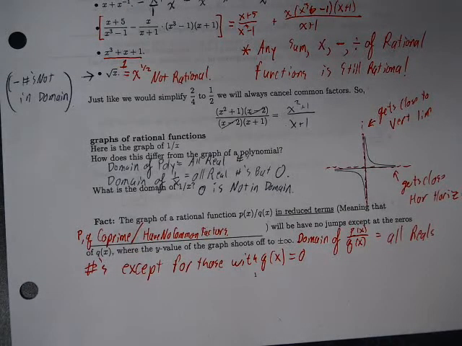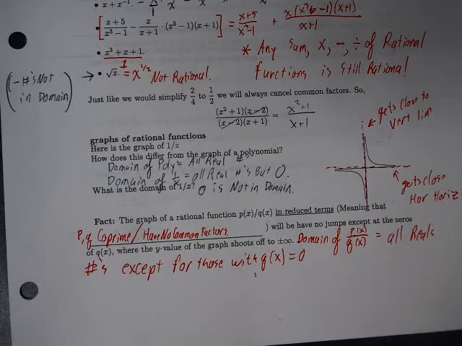But that's a polynomial. Let's suppose that q was a degree 10 polynomial. If you have a degree 10 polynomial, how many roots will it have? 10. Well, maybe not all of them, but it'll have at most 10.